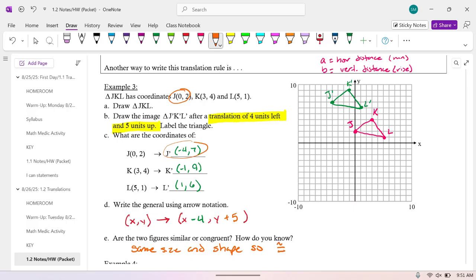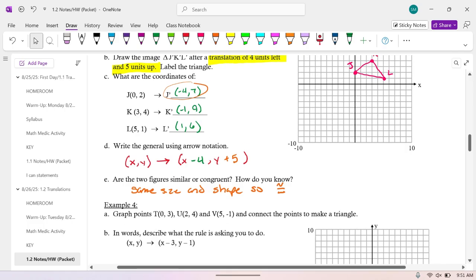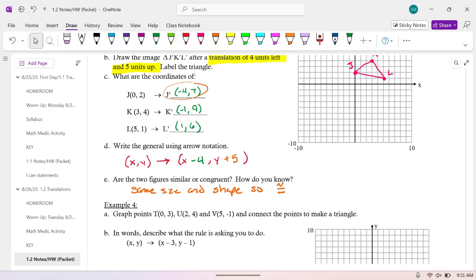And I'm just going to shorthand it with the congruency sign, the equal sign with a little squiggle on top. Now, similarity means that it's the same shape, but not the same size. That's the only difference between congruency and similarity.